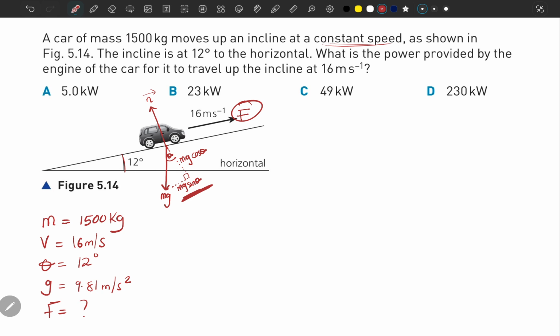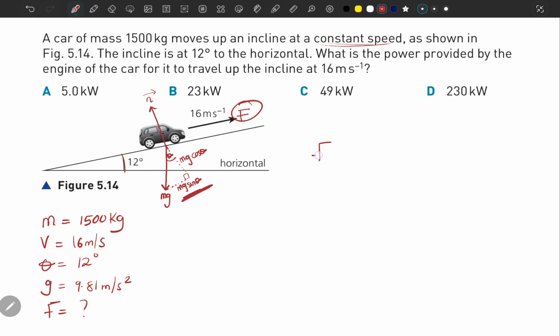Since this car is moving at constant speed, it means that the force we're looking for, which is the driving force, must balance the component of the car's weight, specifically this.